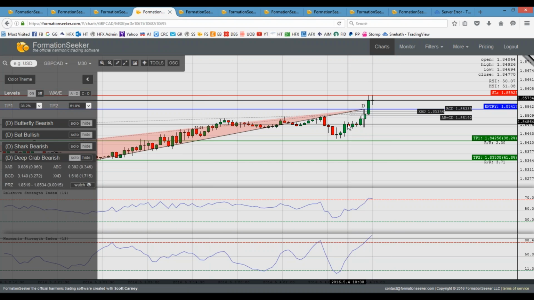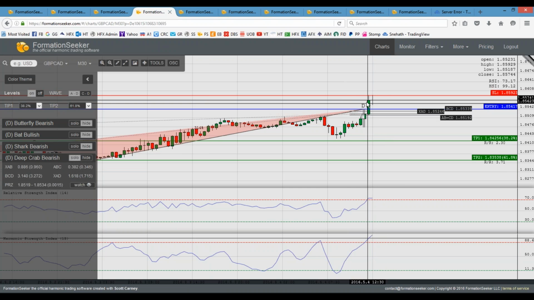So this is the difference between how we trade and how other harmonic educators share their knowledge, because they don't have the discipline of looking at this, or in fact they don't have the knowledge of how to do this.